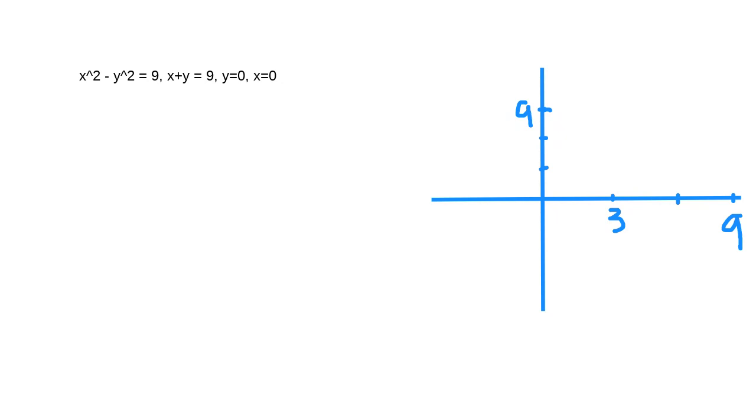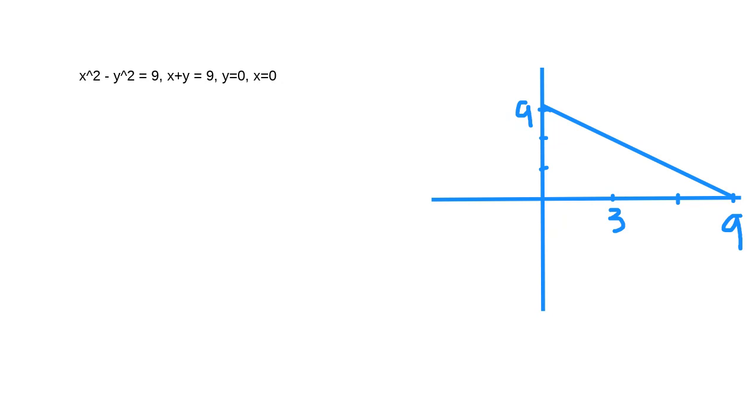Yes, I get this line. So this is x plus y equals 9. So this one is easy. So I want to draw the x squared minus y squared equals 9 last. Then y equals 0, x equals 0, right? X equals 0 is y-axis, and y equals 0 is x-axis. So now we see this triangle.